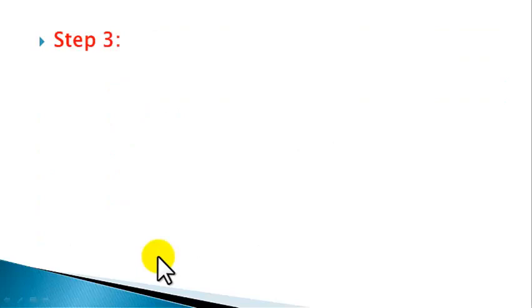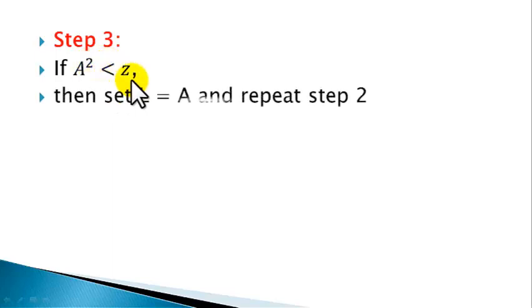Step 3. If a squared is less than z, then set the lower bound L equal to a and repeat step 2.